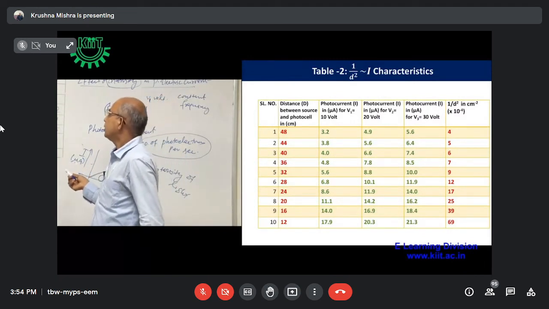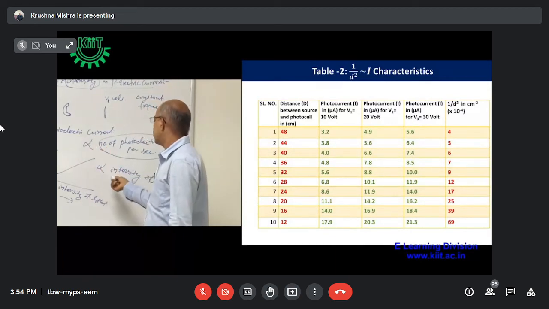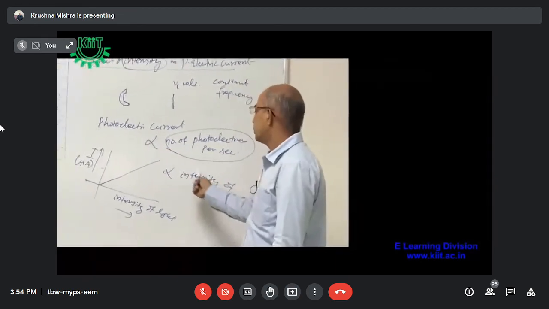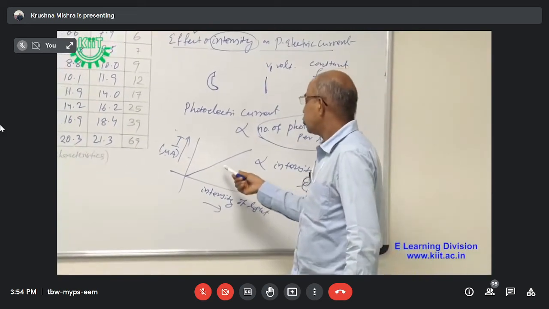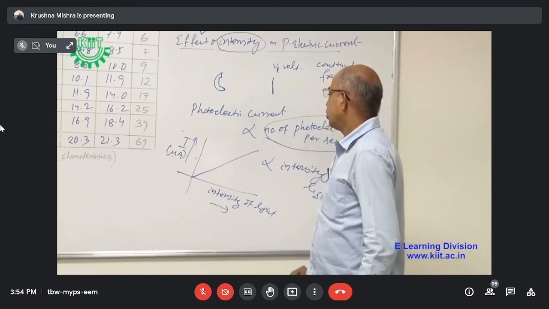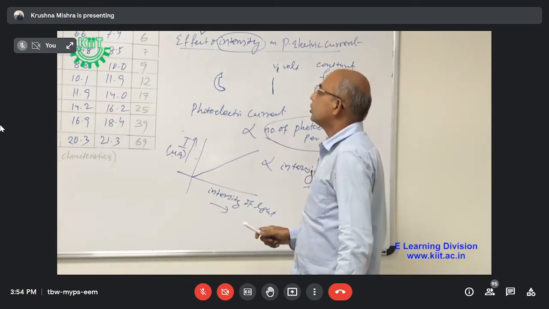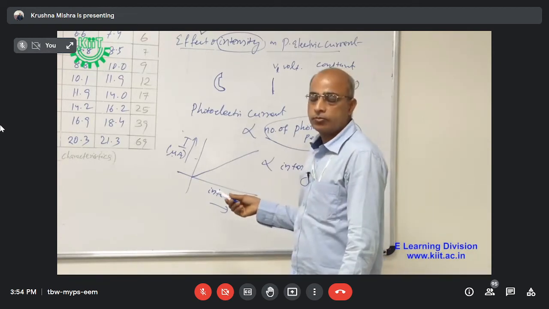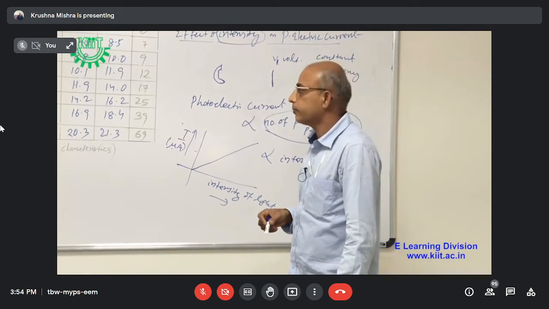So it is very clear that photoelectric current is directly proportional to the intensity of light, and that is why we are getting a linear variation between photocurrent and intensity of light. This is one of the laws of the photoelectric effect which is satisfied.